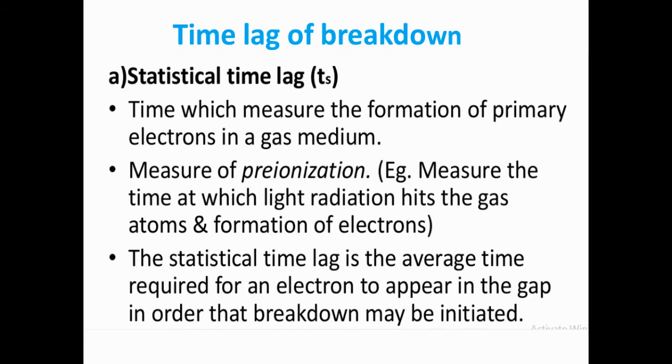Statistical time lag Ts is the time in which primary electrons form in a gas medium. It measures the pre-ionization. Example: the time at which light radiation hits the gas atom and electrons form. The statistical time lag is the average time required for an electron to appear in the gap so that breakdown may be initiated.